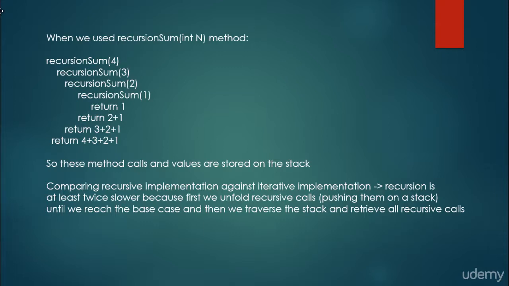So comparing recursive implementation against iterative implementation, we come to the conclusion that recursion is at least twice slower than iterative implementation. Why? Because first we unfold recursive calls, which means that we have to push them on the stack until we reach the base case, this return 1 line, and then we traverse the stack and retrieve all the recursive calls.